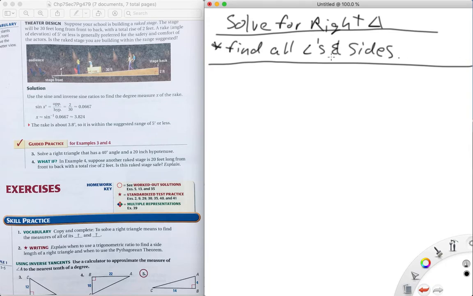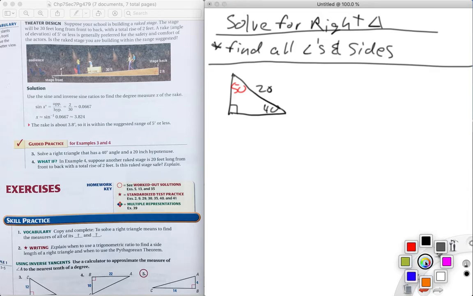So for this particular problem, it says we have a right triangle with a 40 degree angle, which means that the other angle is 50. It says that the hypotenuse is 20. So we're trying to find the other two sides. We already found the angles. I can solve it two ways. I can solve it in terms of the 50 degree, or I can solve it in terms of the 40 degree.